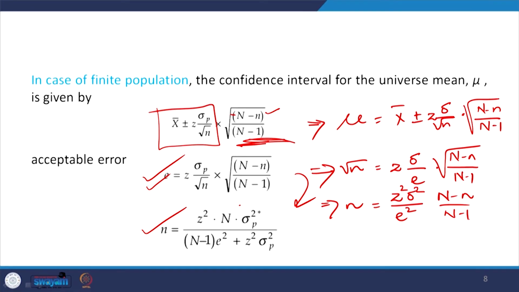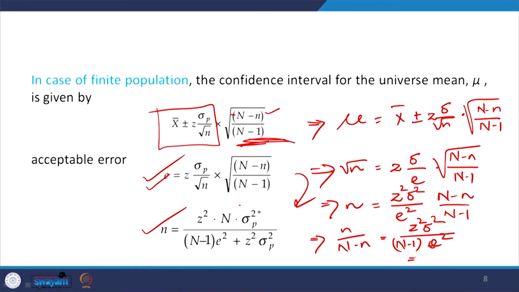So what I will do, I will multiply this with n, I can take it like this, capital N minus n and z square. The rest will be z square sigma square divided by capital N minus 1 times e square. So this can be presented there. Now, you multiply the right hand side by capital N minus 1, now capital N minus n.